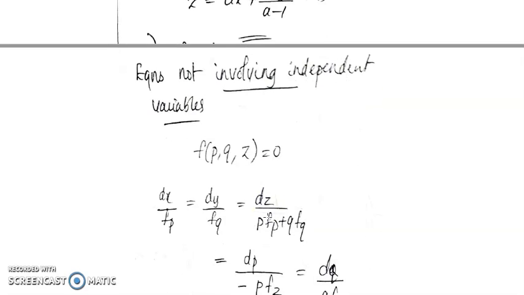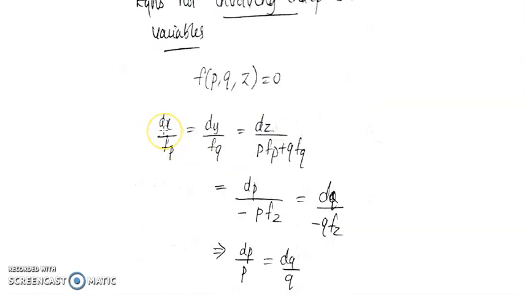Now let's look at the derivatives. You will get Charpit's equations in the form dx by fp equal to dy by fq, then dz by p fp plus q fq. In the last two terms, fx and fy will be 0, so you will have only terms containing fz.